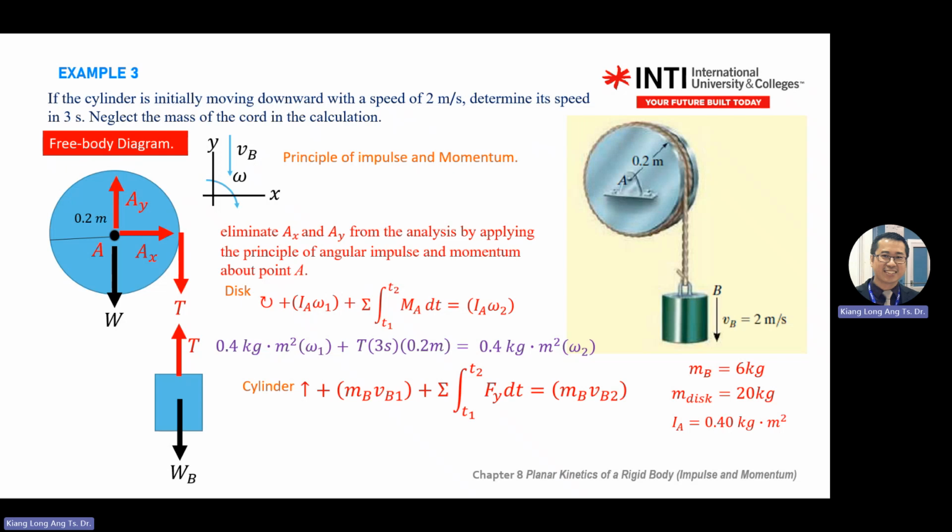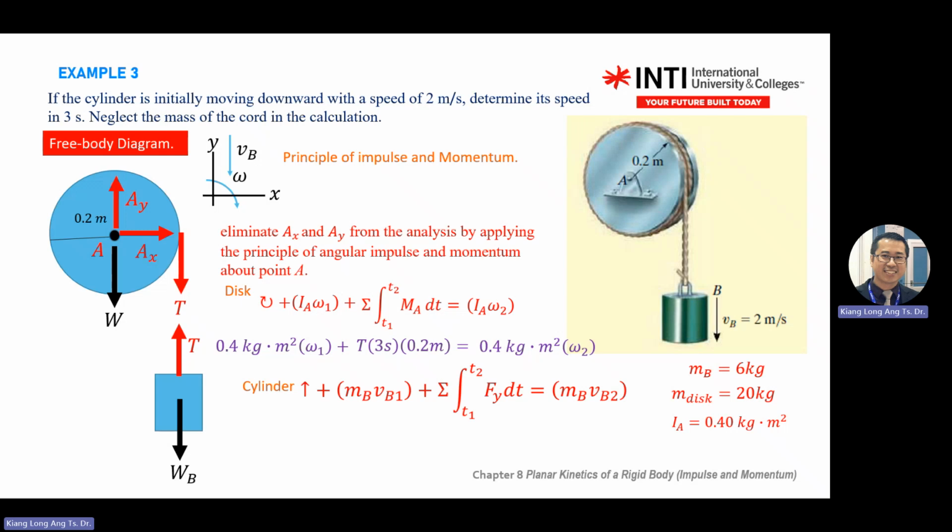How to find moment from this free body diagram? If you put your finger here, AX, AY gone, W gone. Only T, T multiplied by the radius gives the moment. Moment multiplied by 3 seconds, you get the angular impulse. So T times 3, times 0.2. And then IA was given as 0.4. Omega 2, you don't know.